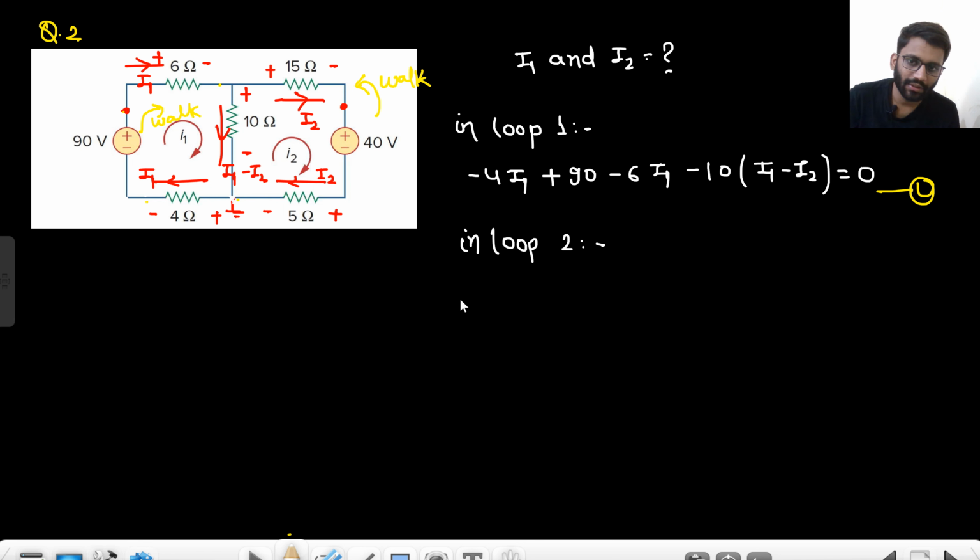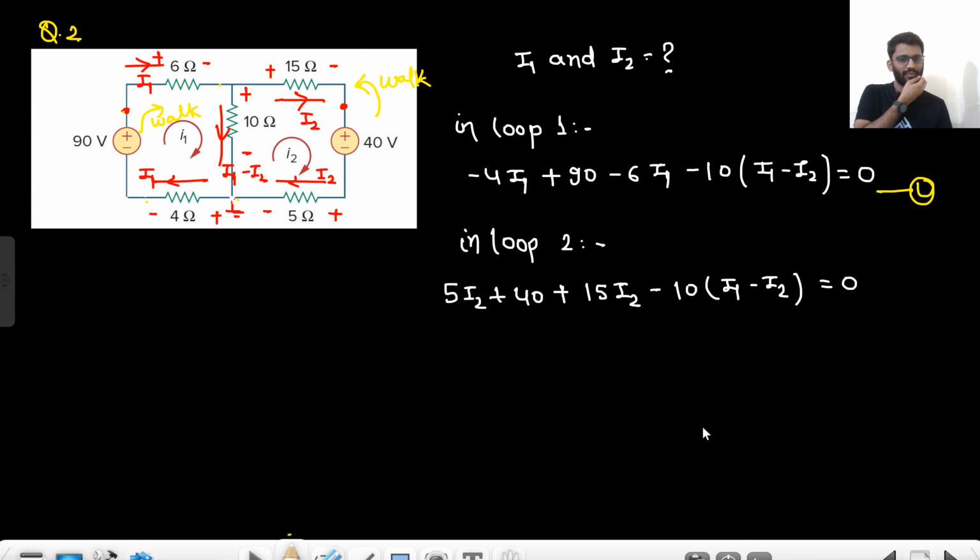So if this is 0, next one will be 5I2 plus 40 plus 15I2 minus 10 I1 minus I2 equals 0. Okay, so this will be equation 2.